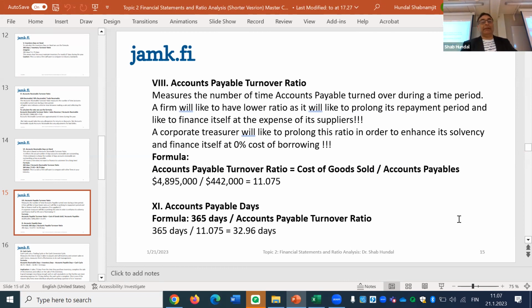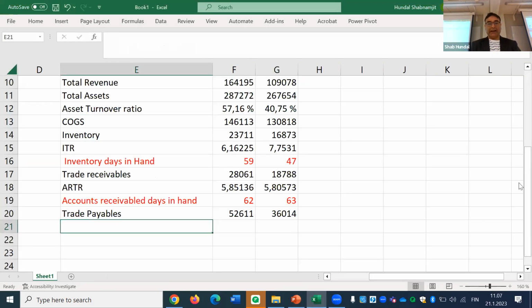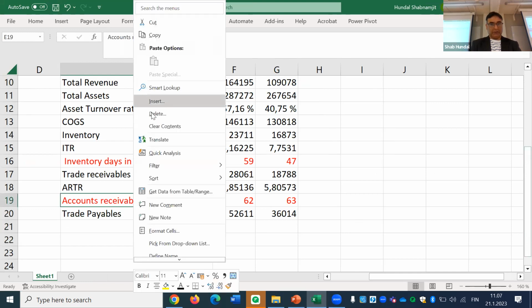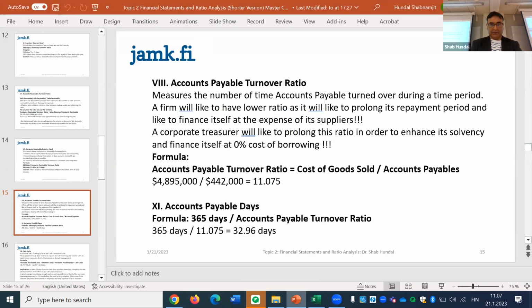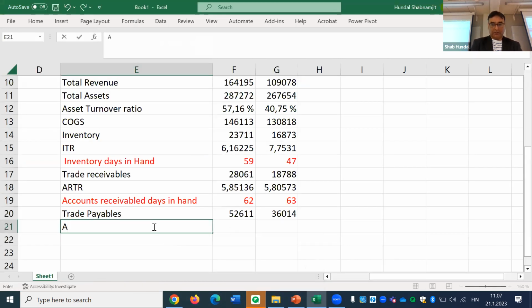So yeah, the company is paying 11 times in a year. Ideally or selfishly, you should pay them less number of times. Let's see what BP is doing. We have cost of goods sold. So we can call this ratio APTR, accounts payable turnover ratio.